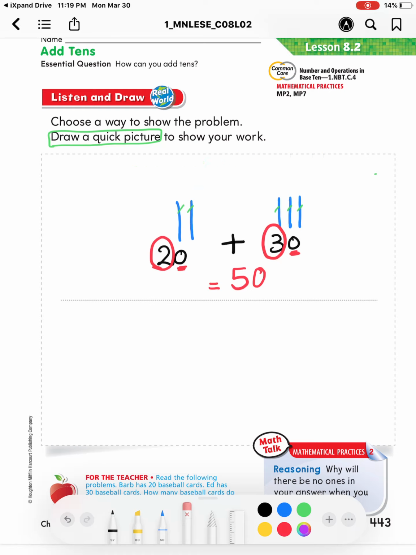Now I want you only to write this. Okay? Now we used this line to represent the tens. Okay? Now I need to ask you an important question.